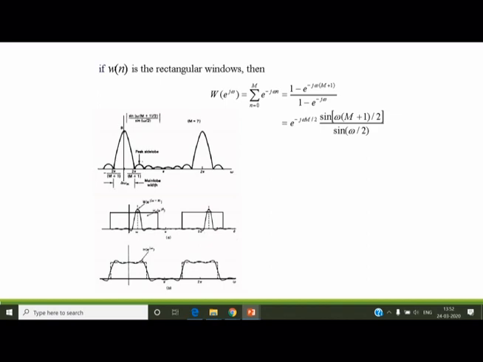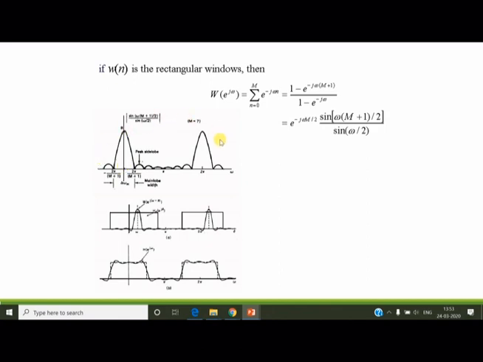Now this frequency domain convolution will take place as shown. This sinc form is basically the frequency domain characteristic of a window function. When we consider the rectangular window function, after taking its discrete time Fourier transform it will take the form of a sinc function.